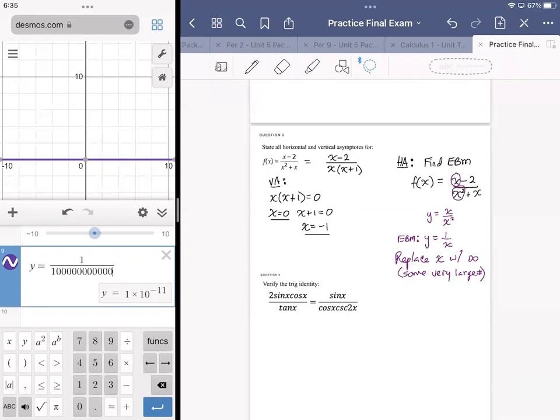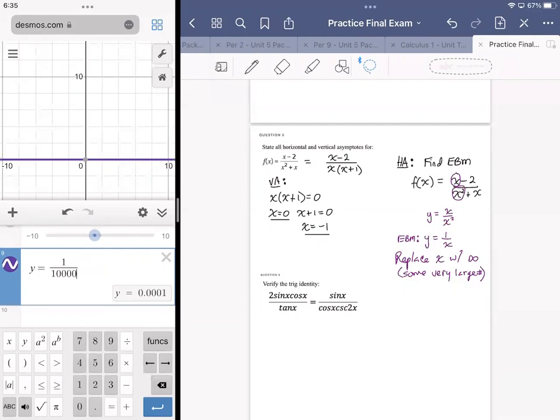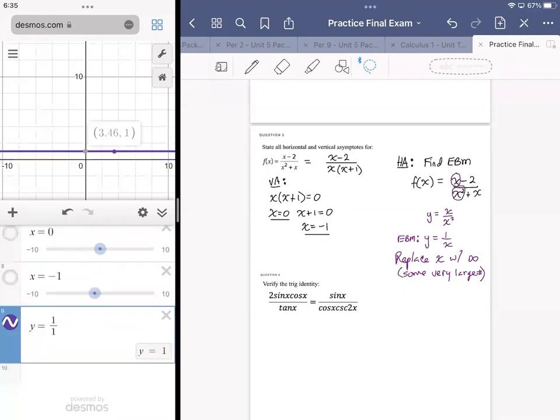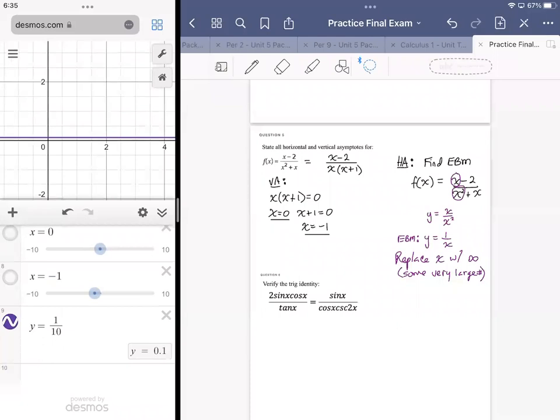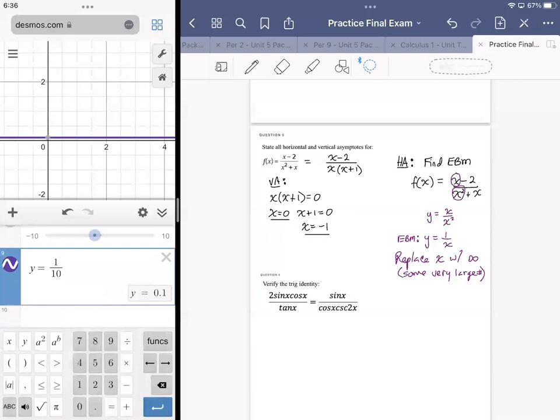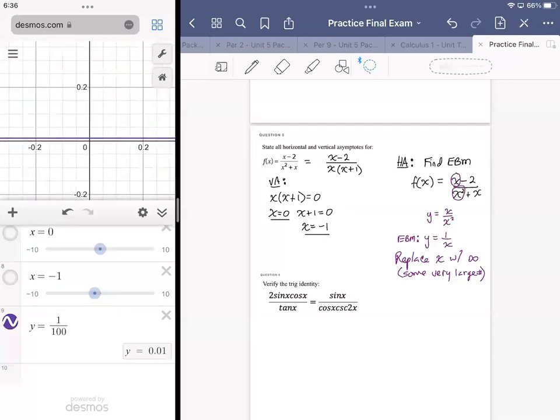Visually, if the x value is 1, it's a horizontal line 1 unit above the x-axis. If the x value is 10, then it's a horizontal line 1/10 of a unit above the x-axis. If I make it 100, it's 1/100th of a unit above the x-axis. You really have to zoom in to see it.